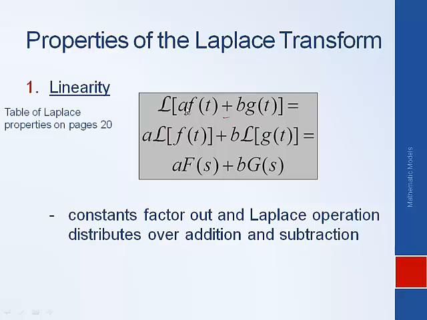And similarly, when we have a constant, we can bring that constant outside of the Laplace transform. These two properties follow directly from properties of integrals. You may remember that if you had a constant in your integral, you could factor it outside of the integral, or if you had an integral of a summation, you could split the integral over that sum.